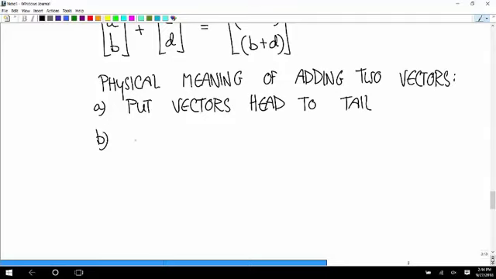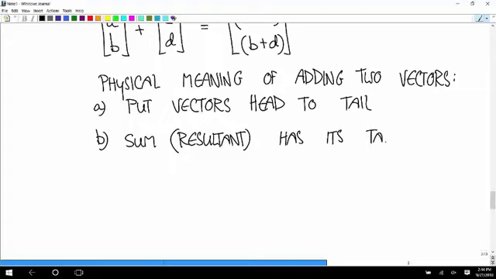And then the sum, or it's called the resultant, has its tail at the free tail. I'll show a picture of what I mean. And its head at the free head.